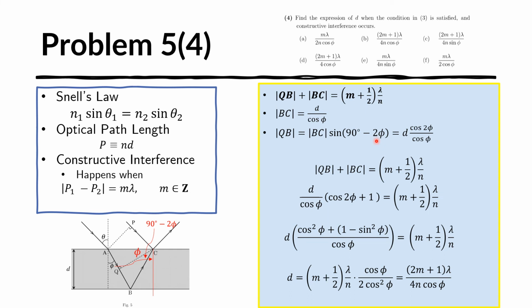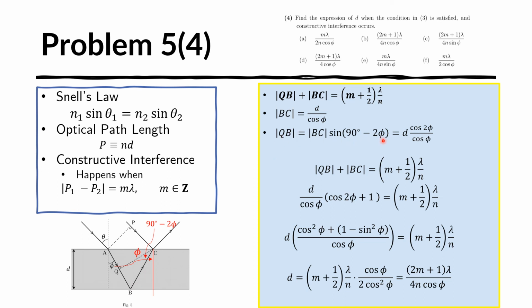And again, from trigonometry, we can see that this line segment here, the length of this, is equal to the sine of this angle times the hypotenuse, which is BC. And so we get this.